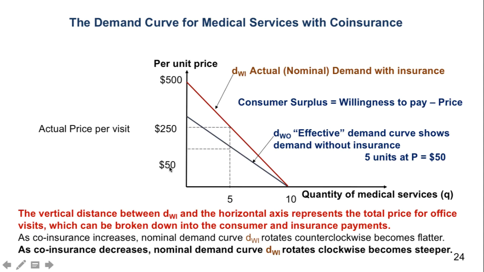So the patients pay $50 for 5 units of medical services, or 5 doctor visits. And the rest of that, $250 minus $50, $200, will be paid by the insurance company. So we can actually draw this effective demand, which shows the demand without insurance.